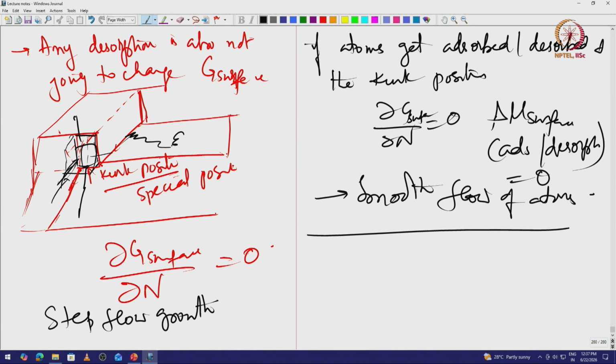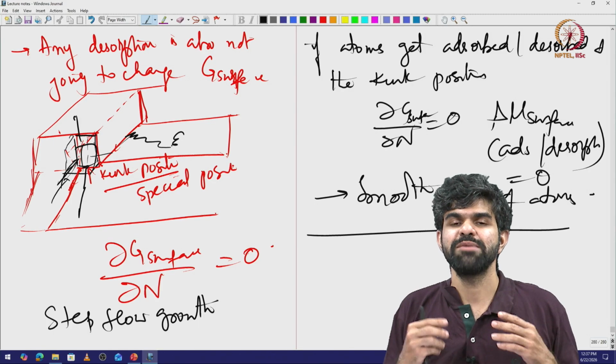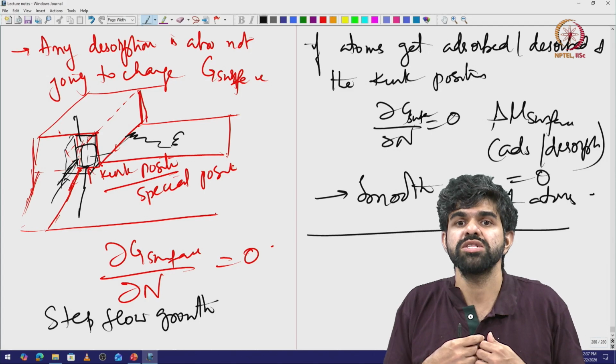Okay. So, it is probable, most likely the atoms are going to get stuck at the kink positions, but the atoms getting stuck at other positions is not completely improbable event, right. So, once you look at the atomistic picture of growth, it becomes very statistical in nature, right. So, what is the most probable event?